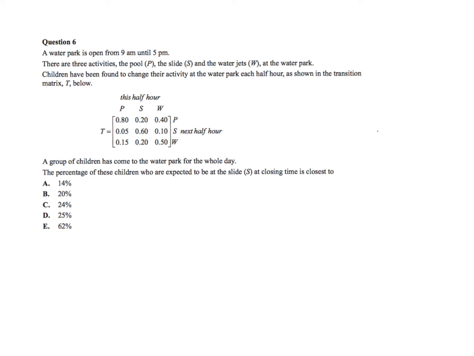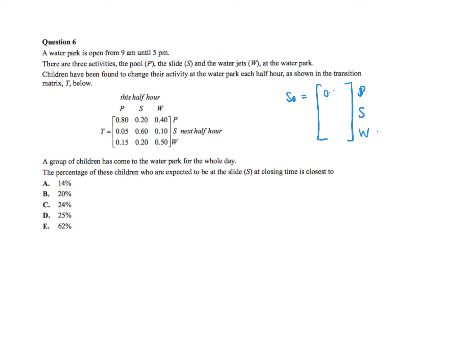Alright, so here we don't know how many kids are there, but we know that they don't leave. So we've got to try and think of an initial state. Because it says what percentage, I'll keep it in percentages. We've got the pool, slide, and water jets.